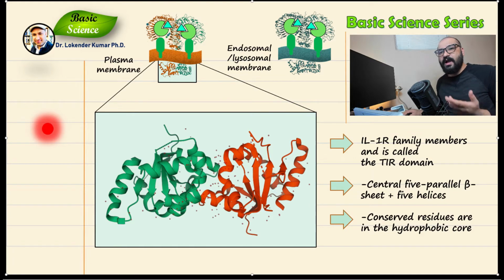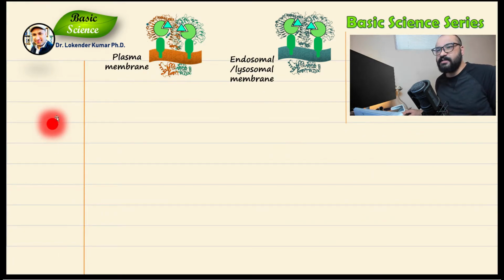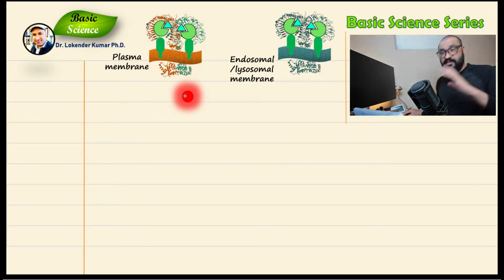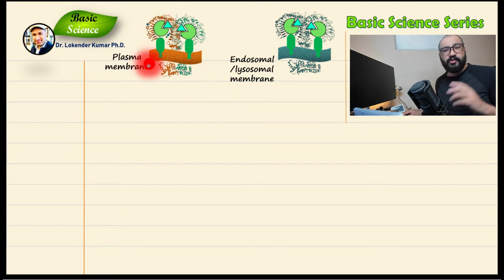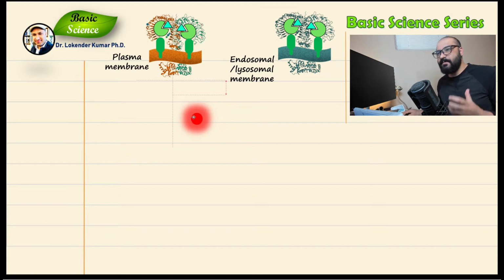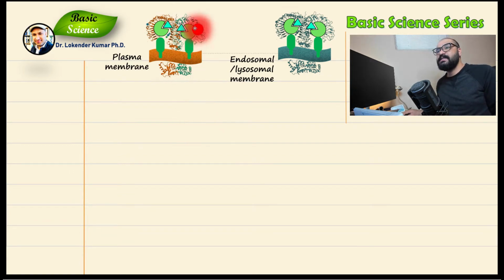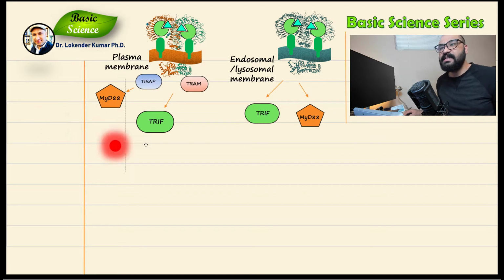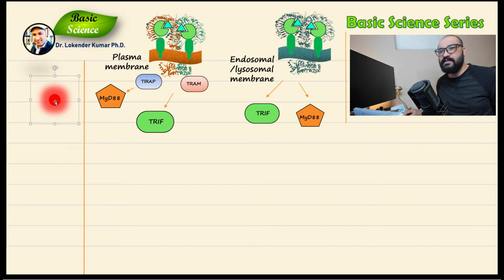Okay, so now let's start the signaling process. As you can see here, I have designed that structure, and it's just an illustration. I'm just trying to show you all the components. When this whole activation complex, specifically I'm talking about TLR4, is constructed, there is the activation of these adapter proteins. You can see on your screen that I have shown different adapter proteins. Let me also show you the names of these proteins, so it's easier for you.